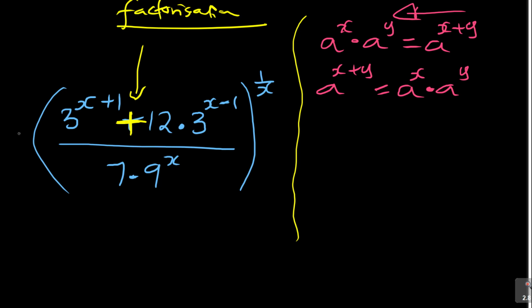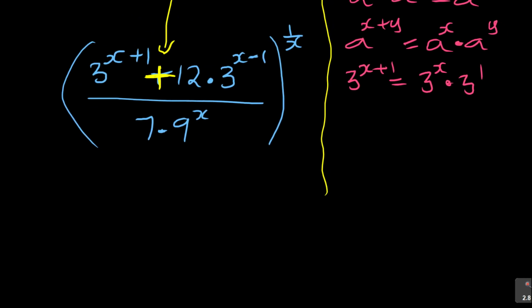We're going to split these here, which means if I just say to you 3 to the power of x plus 1, it is the same as 3 to the power of x dot 3 to the power of 1. You see what I'm saying? So we're going to do that here.